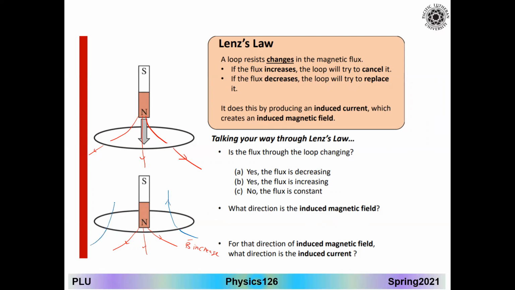So here the flux is going to increase, the induced magnetic field will point up, and the induced current, using the right hand, will go that way, which is the counterclockwise direction.